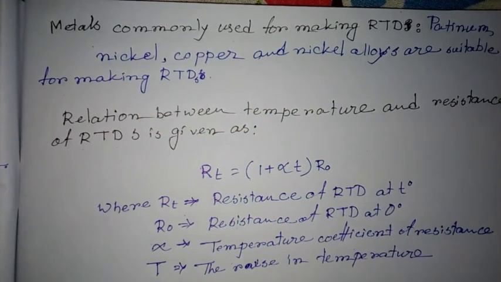A high value of alpha is desirable so that there is a substantial change in resistance per unit change in temperature.